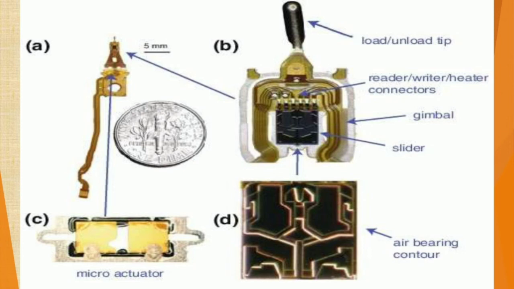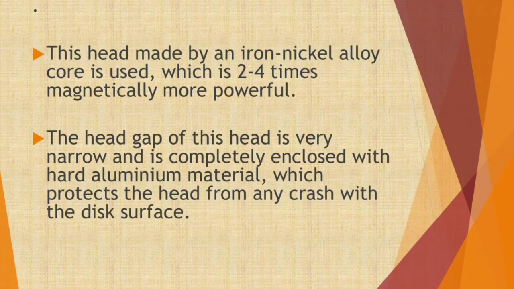This head is made with an iron nickel alloy core, which is 2 to 4 times magnetically more powerful. The head gap of this head is very narrow and is completely enclosed with hard aluminum material which protects the head from any crash with the disk surface.